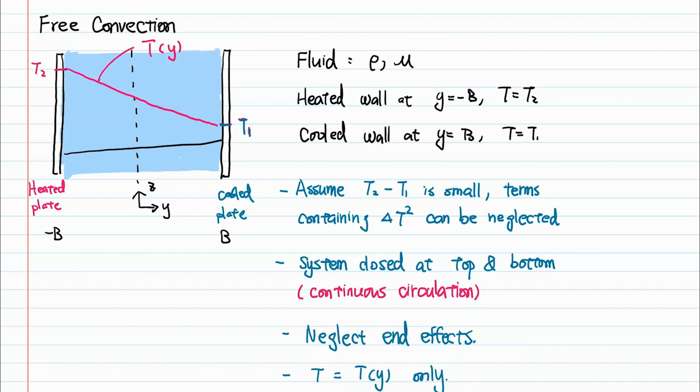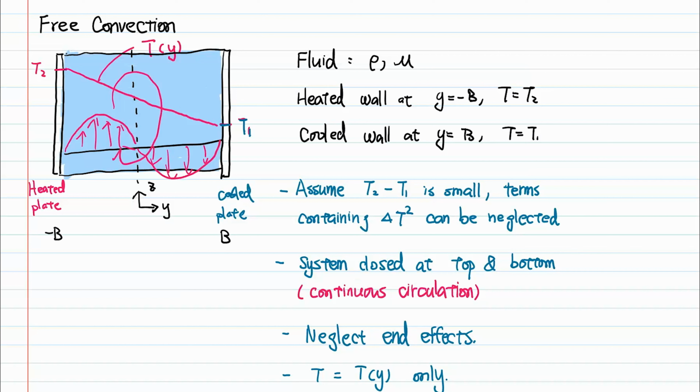In this example, the upper and lower ends are closed, and we have a temperature gradient such that you might have a velocity profile, with the hotter fluids moving upwards and the heavier, cooler fluids moving downwards. They are circulating continuously, and that will give you a steady state.